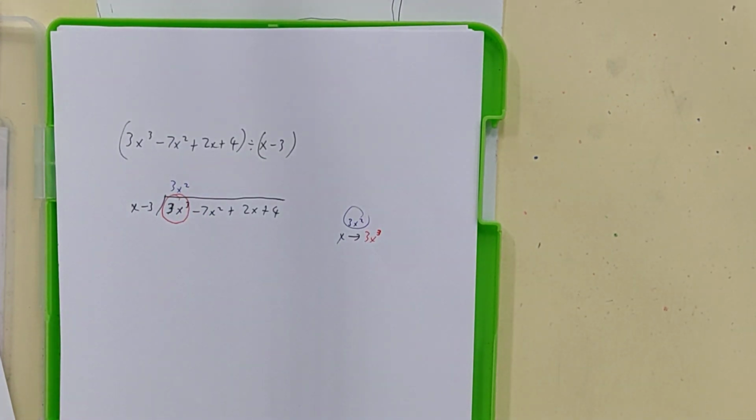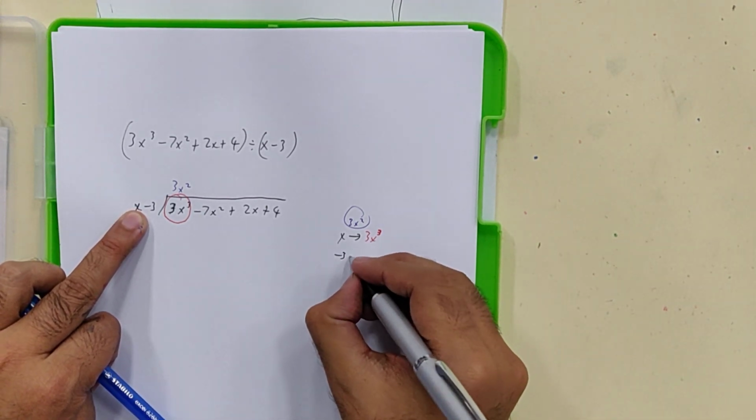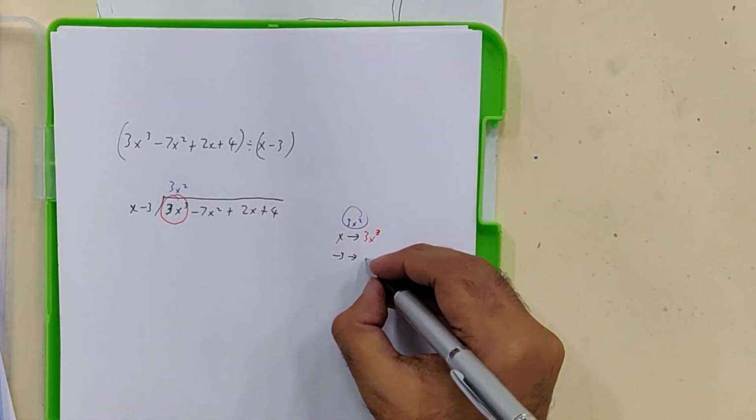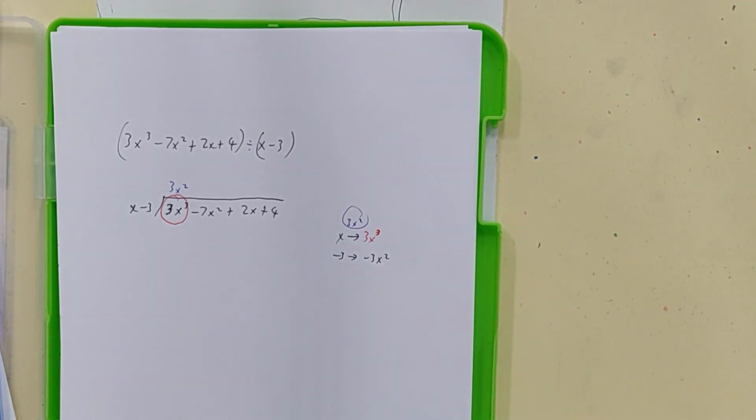Okay? I'm teaching you skill. I'm not giving you formula. And then the other negative 3, it goes down here. And then you times by 3x squared. What do you get? Negative 3x squared. You okay?